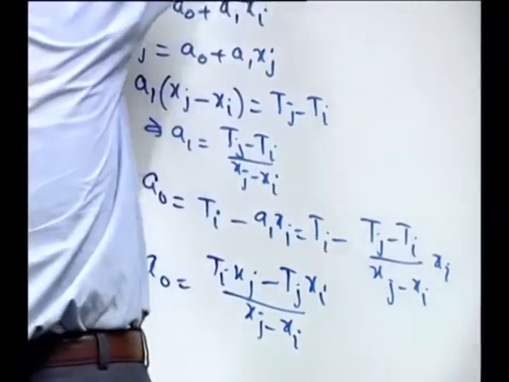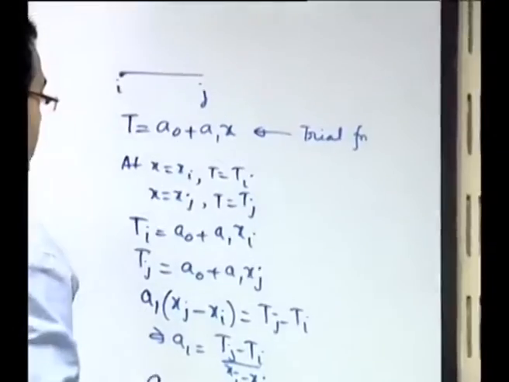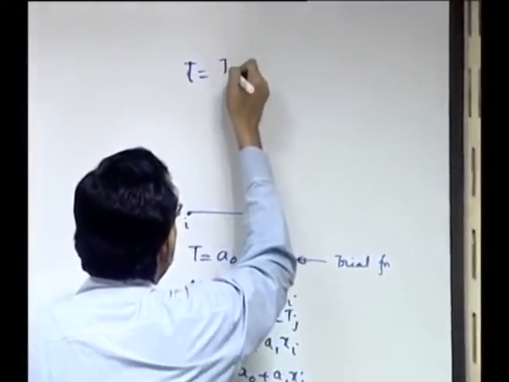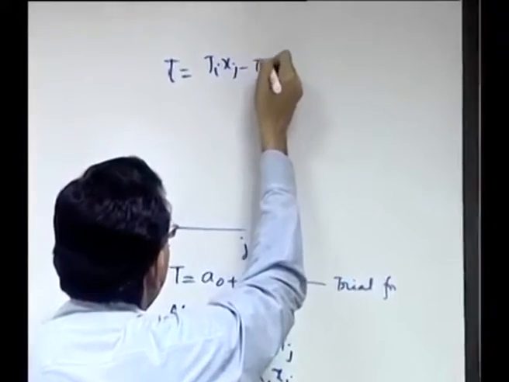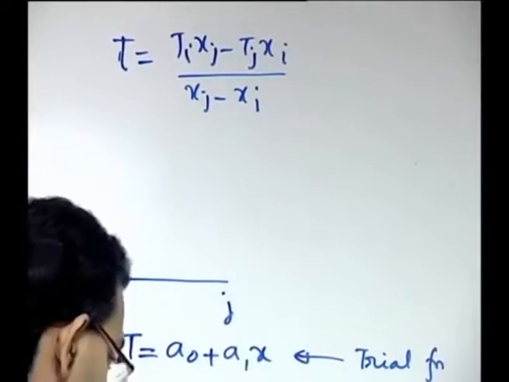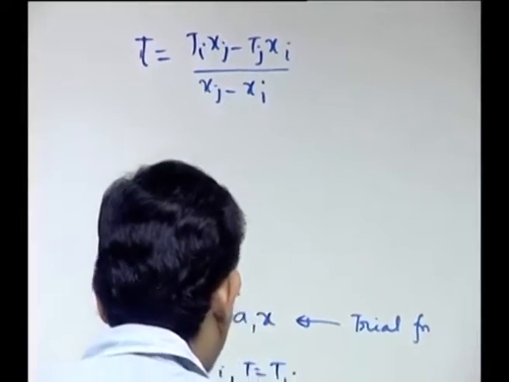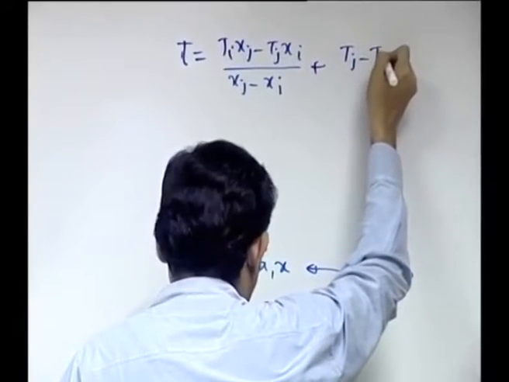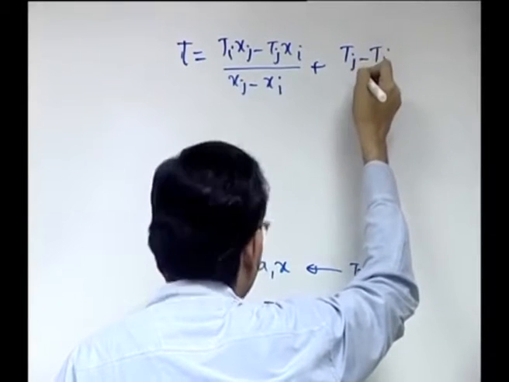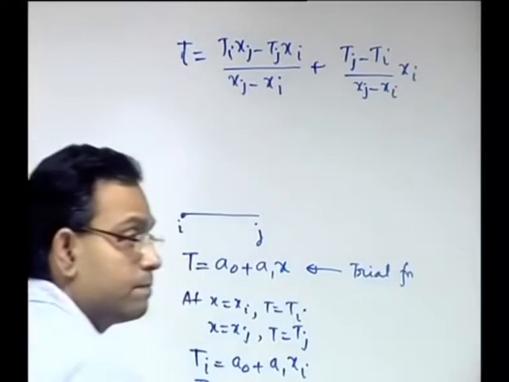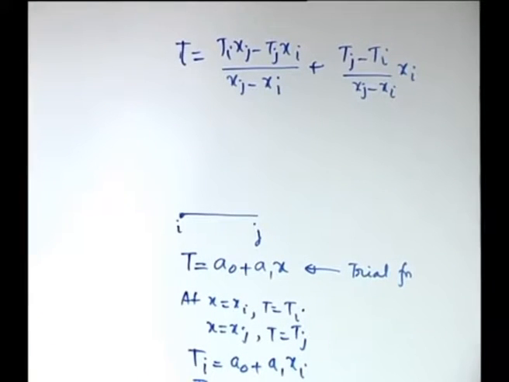So, T will be equal to a0, in place of a0 let us write Ti xj minus Tj xi by xj minus xi plus a1 xi plus Tj minus Ti by xj minus xi into x, right, not xi.